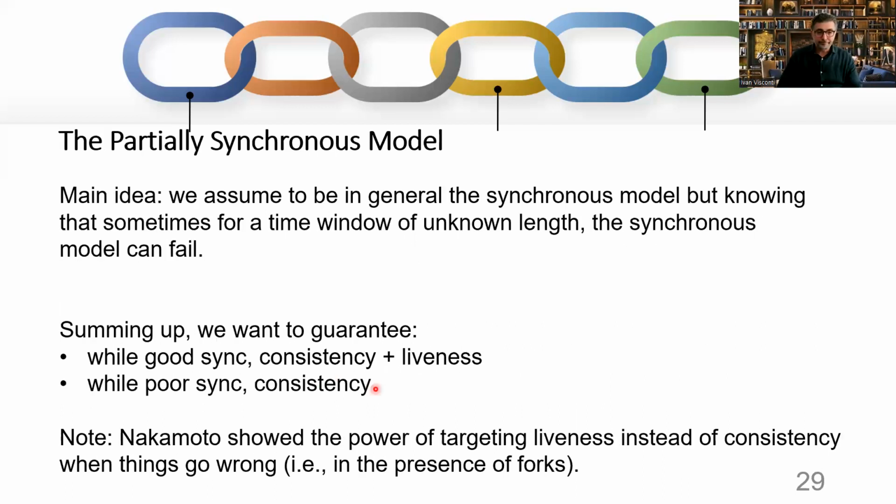In this model, we assume that in general, when nobody is under attack and there is health in the network, everything is behaving correctly like in the synchronous model. But then, because of a denial of service attack or various other reasons, there is a crash or whatever, and there is a time window in which the network is unreliable, where the synchrony assumption does not hold.